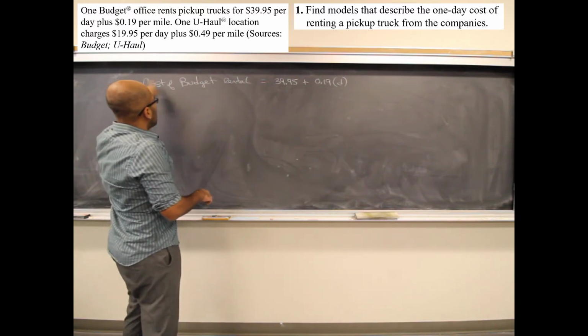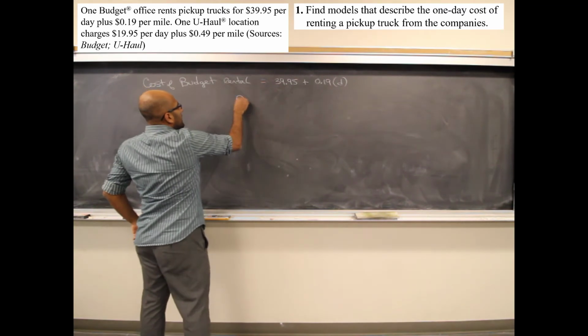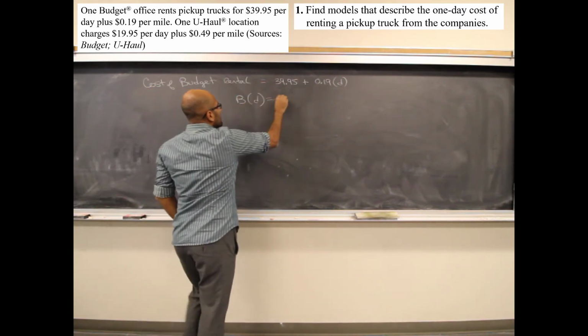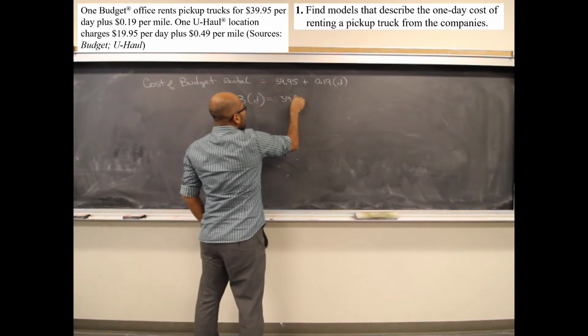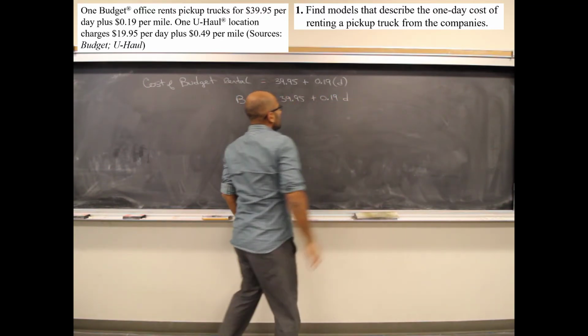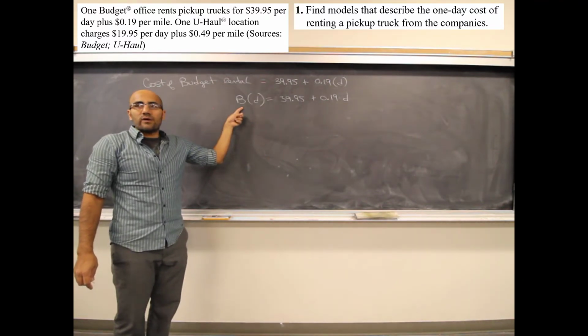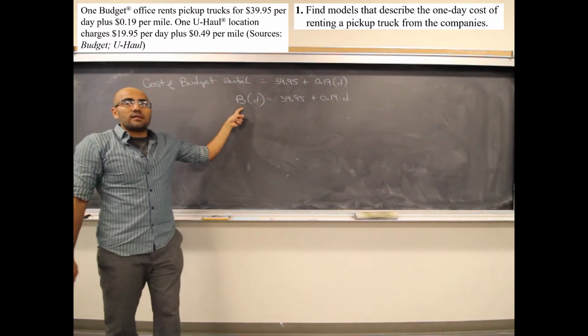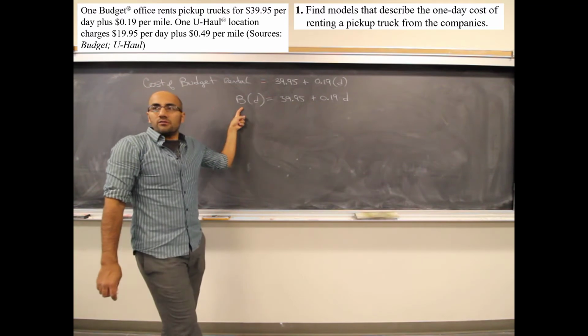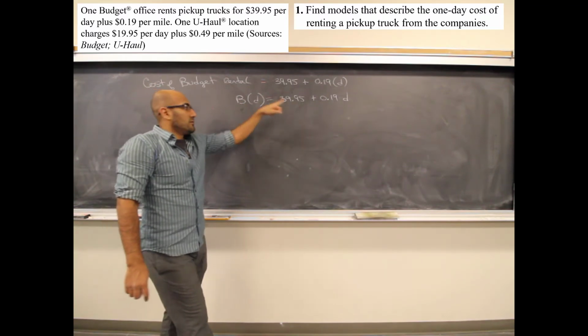This is cumbersome over here, right? Cost of Budget rental. So how about if we just write it as B of D is equal to 39.95 plus 0.19 D. That looks an awful lot like a, what kind of an equation? Linear equation, right? What's the slope? 0.19.